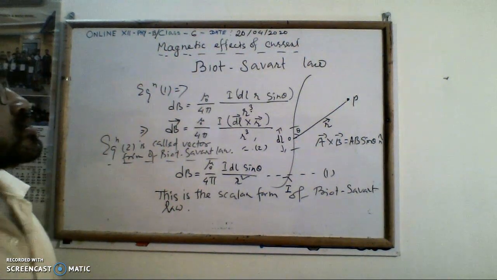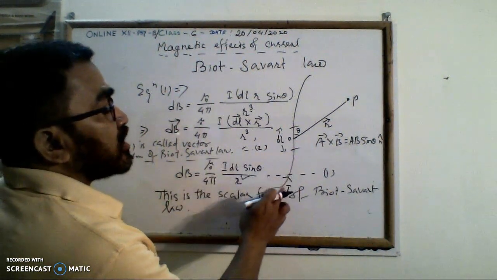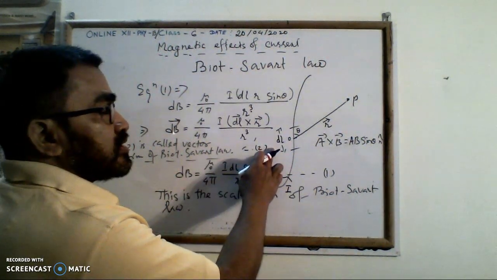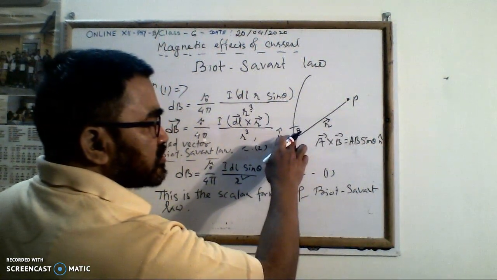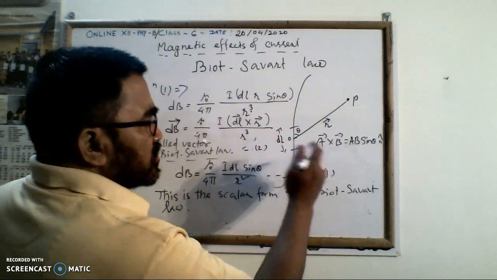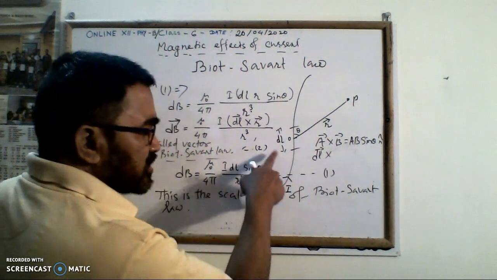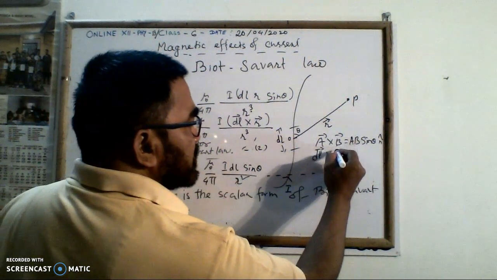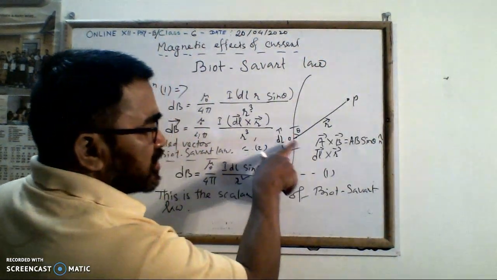So dl has some direction along the direction of current, so dl will be a vector. R vector is a position vector, and theta is the angle between them. So dl can be written as a vector because it has a direction along the direction of current, and in place of B, the r vector has a direction, so the angle between them is theta.